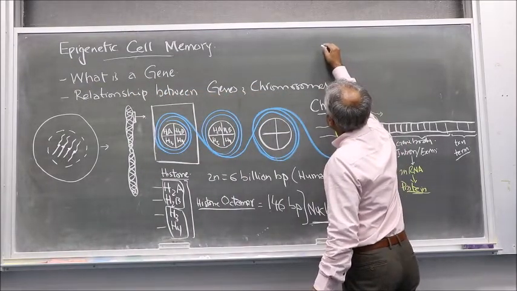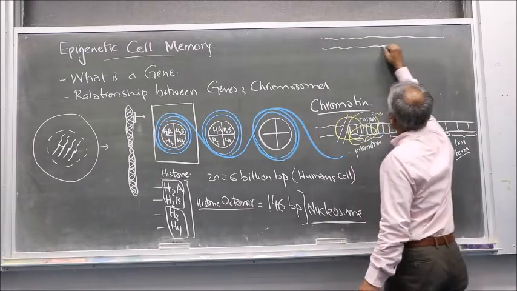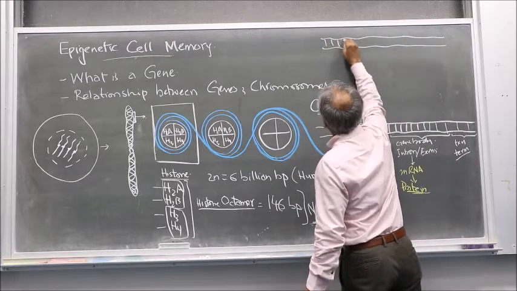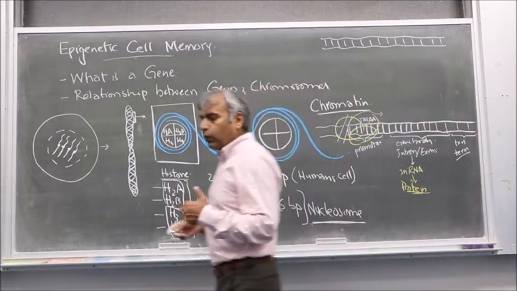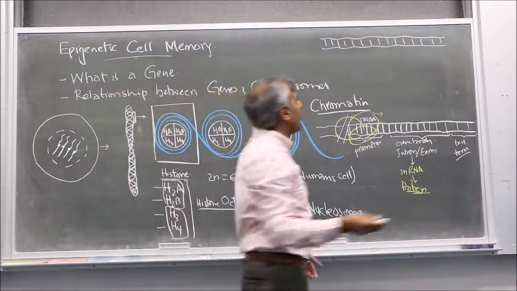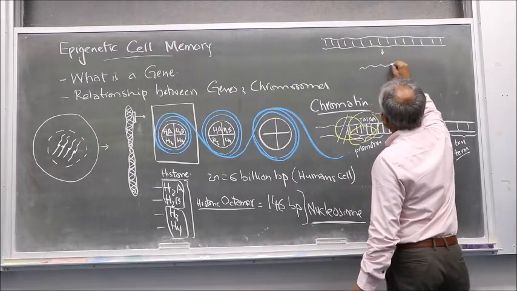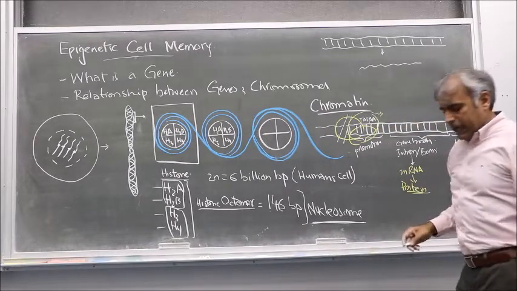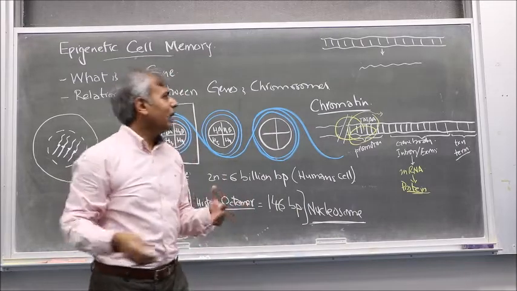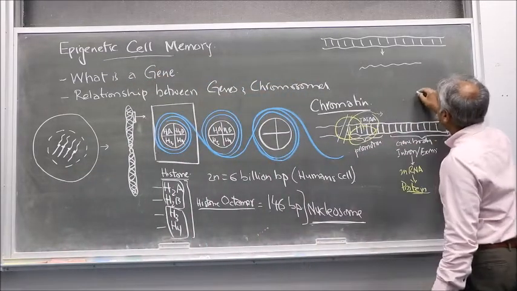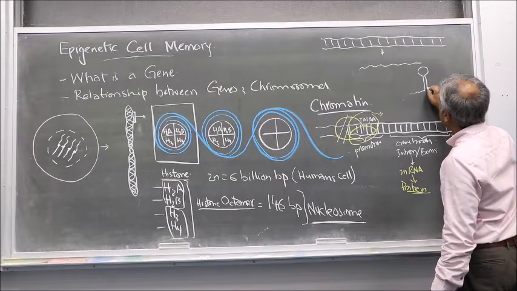So there will be regions within our genome which get decoded in the form of RNA. Let's say an RNA is made out of them. This RNA does not get translated. It makes secondary structures. Such RNAs make secondary structures like this.